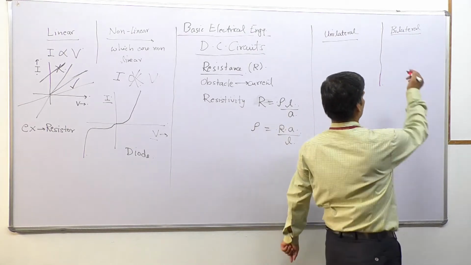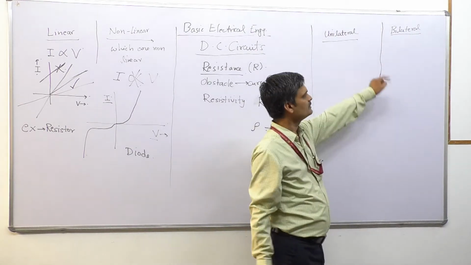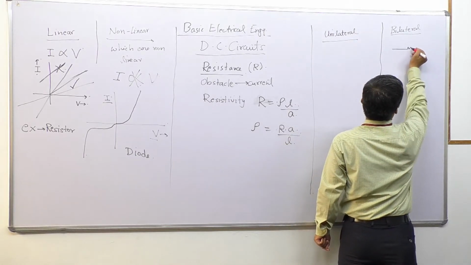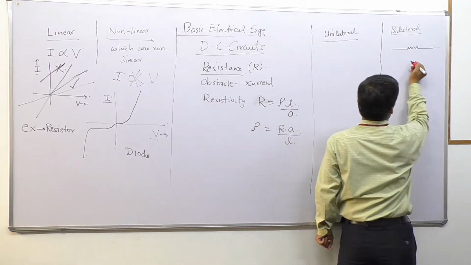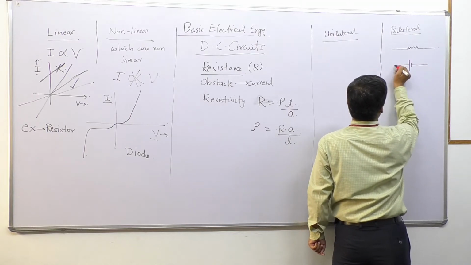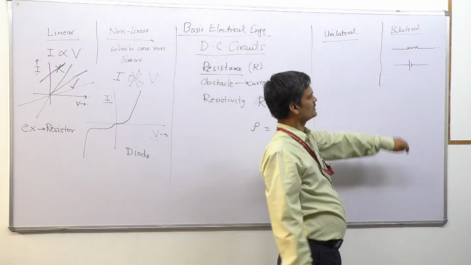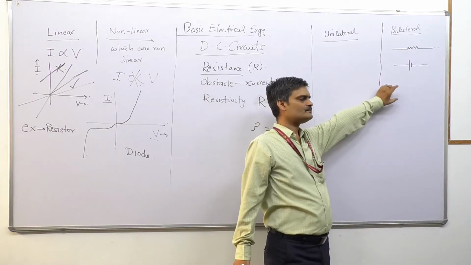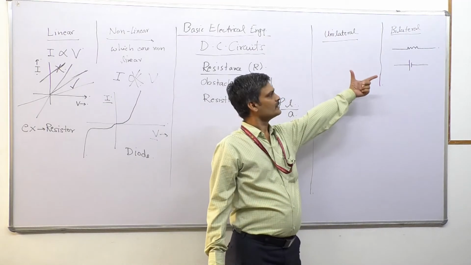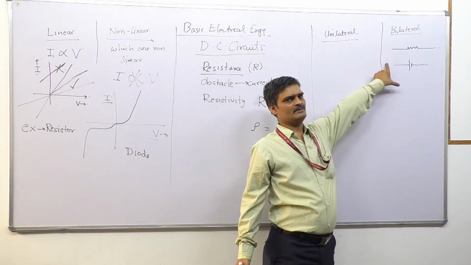We can understand it with the help of an example. Let us say this is a resistor. Let us say this is a DC source. First we should have a proper understanding about the terminals of a given electrical element.